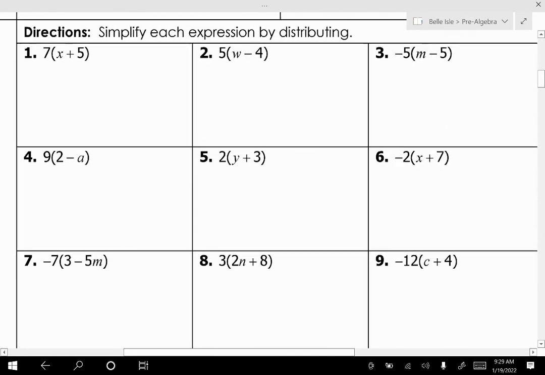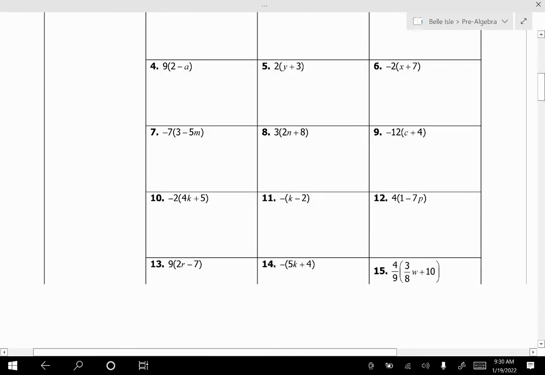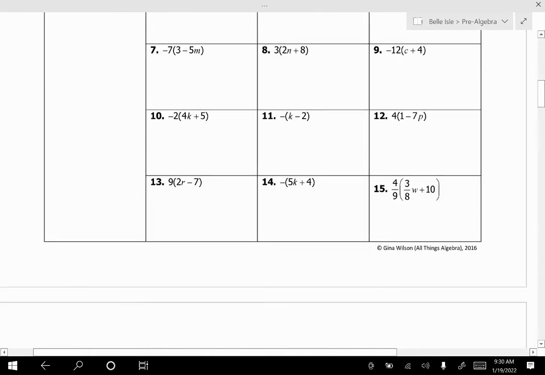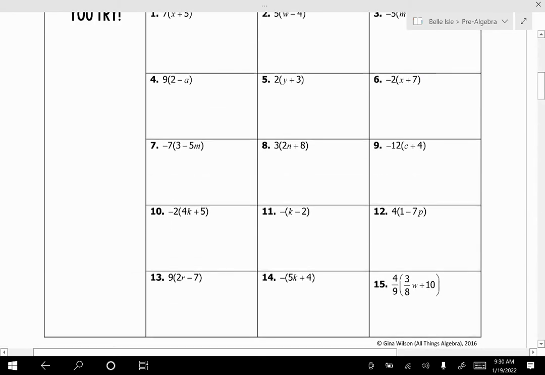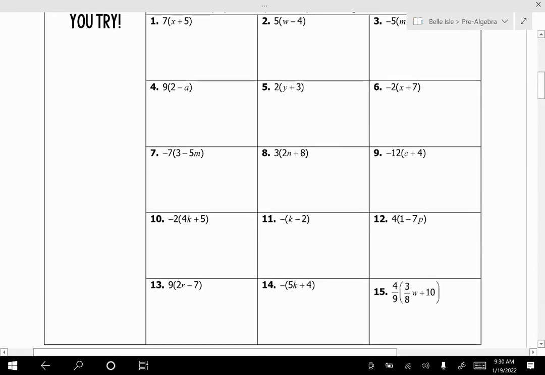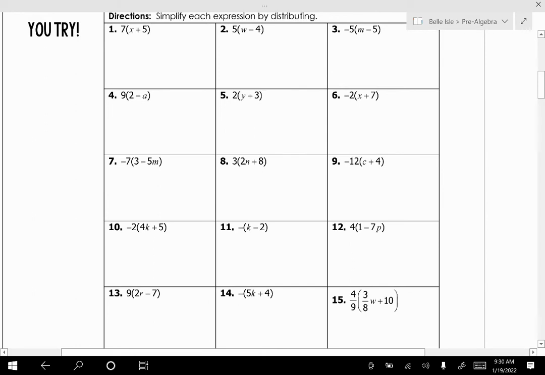Now just some more practice. Let's see how much we got of this. 12, 15. How many out of 15 do we need to practice on? 11. We will do 8.